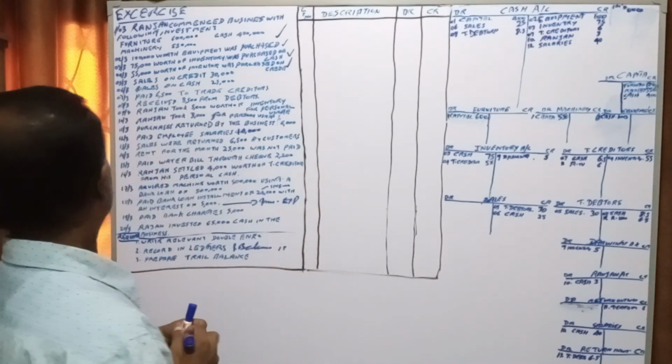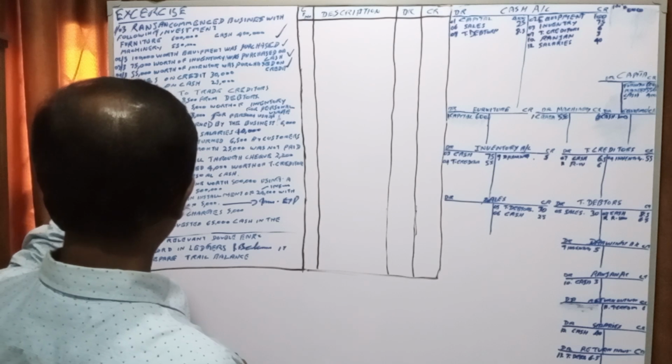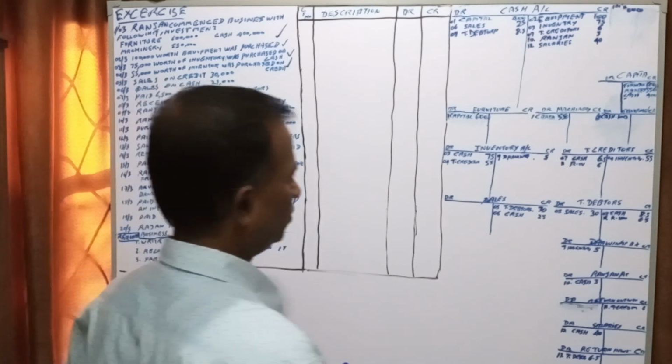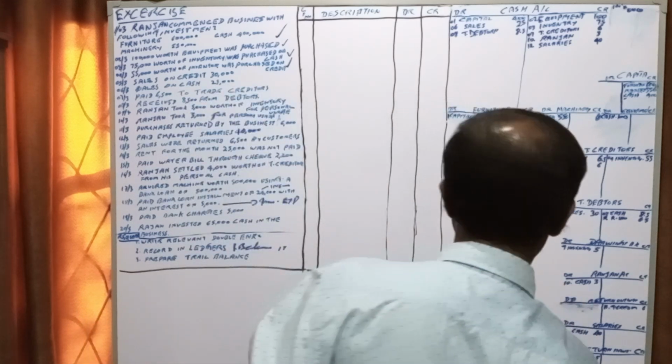Okay, so for 14th of March, rent for the month of 25,000 was paid.